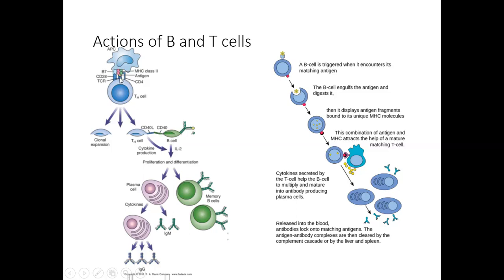Now, once the T cell receptor binds to the antigen that's bound to the MHC of this antigen presenting cell, what does this T cell do? It clones itself and says, I need to remember this antigen, and I need to clone myself so that I'm building some memory, right?